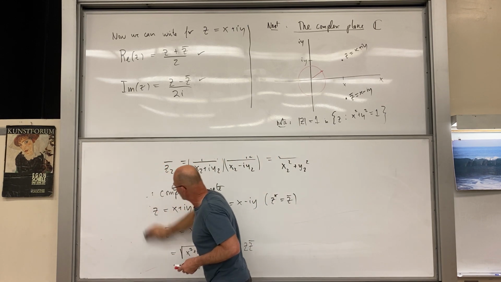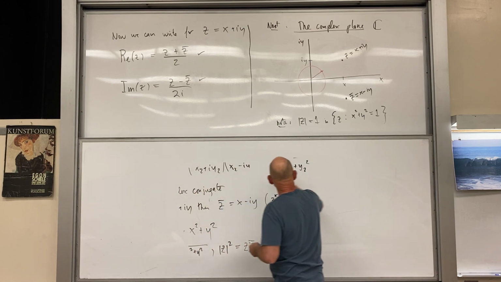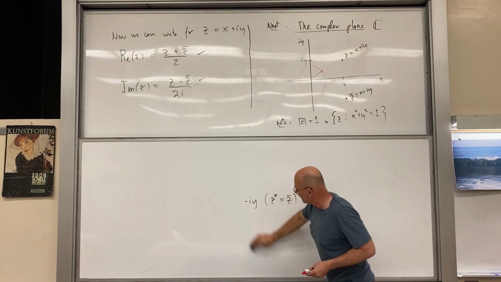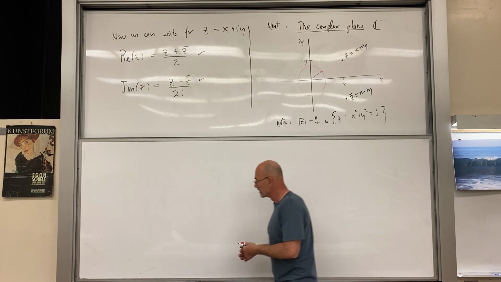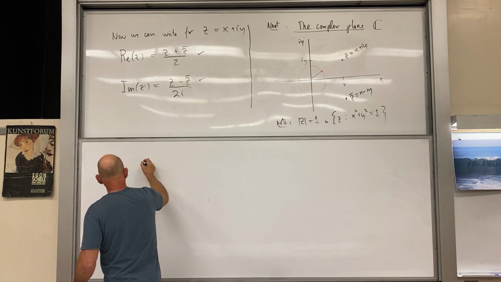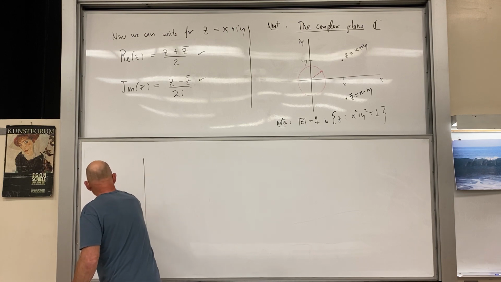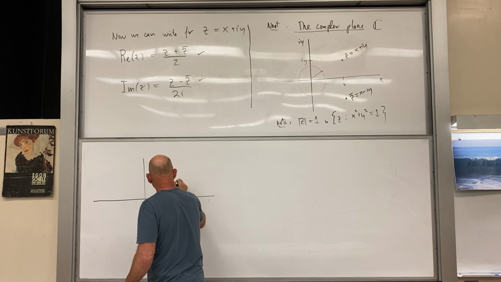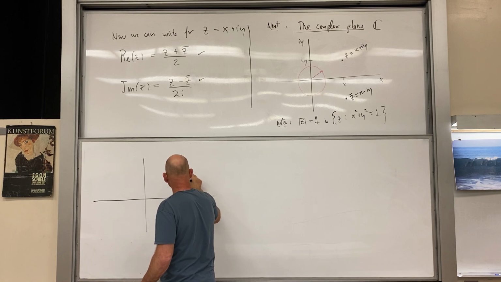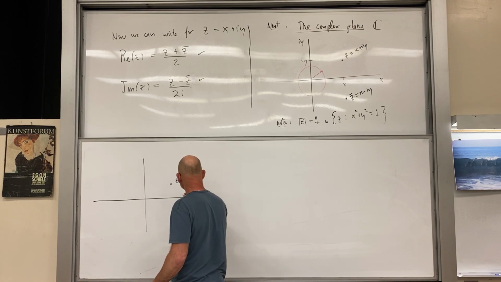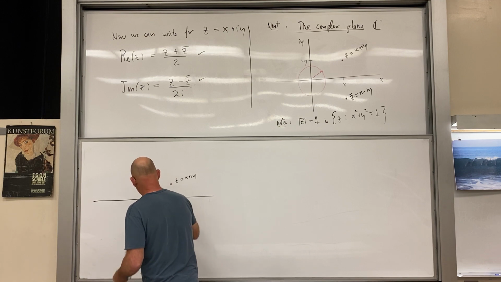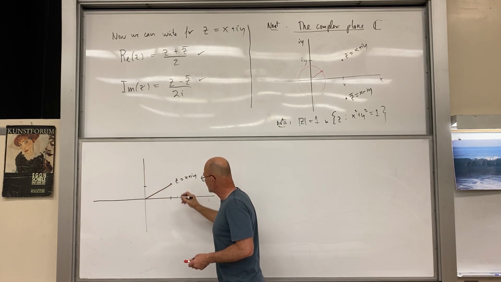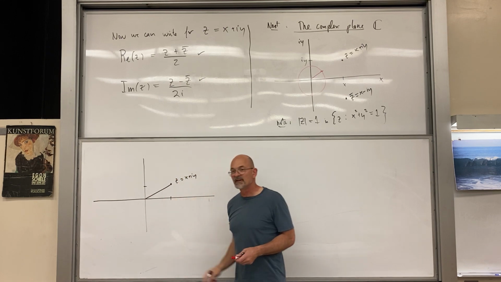So we have enough definitions now to introduce the polar coordinates. So I'll do another graph. Here we go. So now here's our complex plane. We have z equals x plus iy. And I'll introduce a line segment to this point.